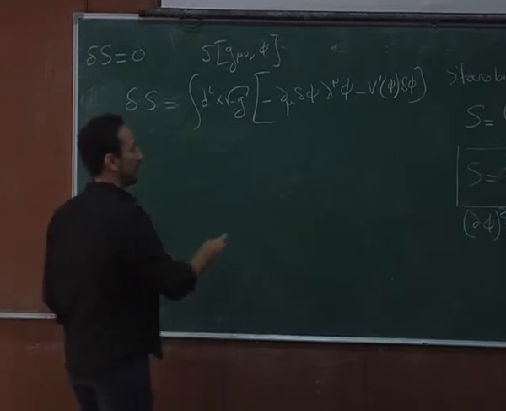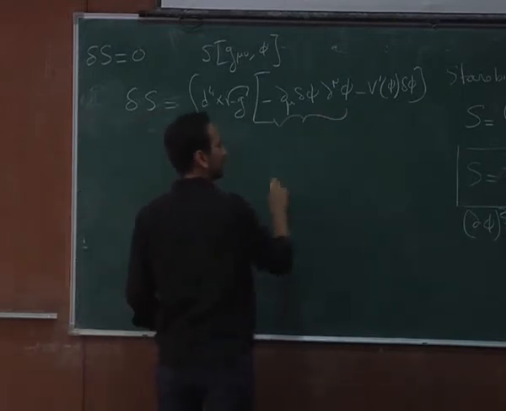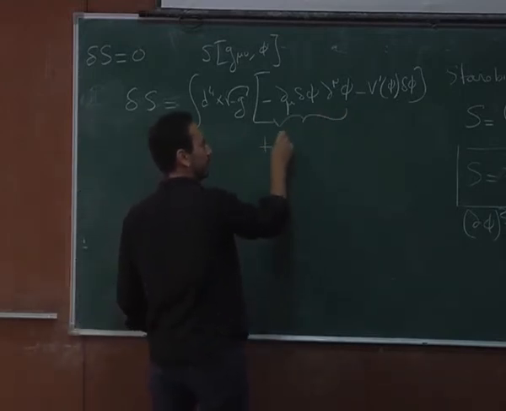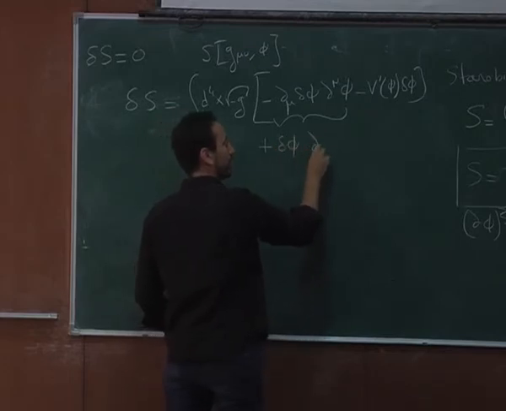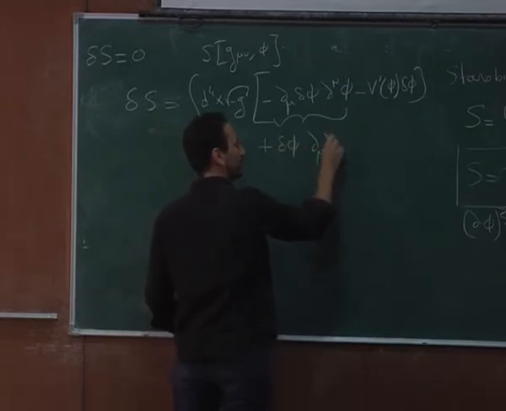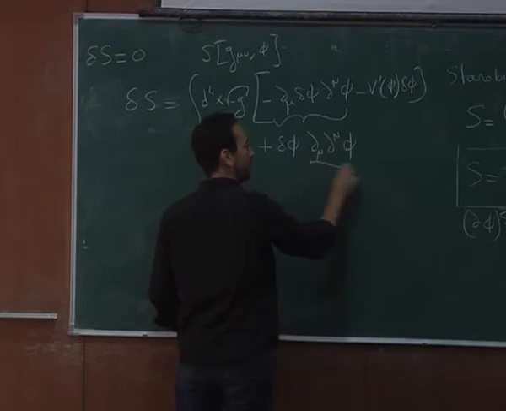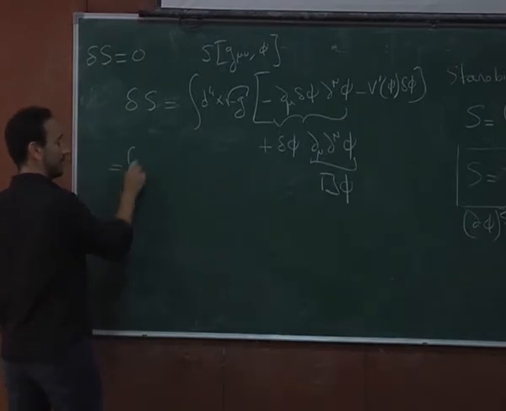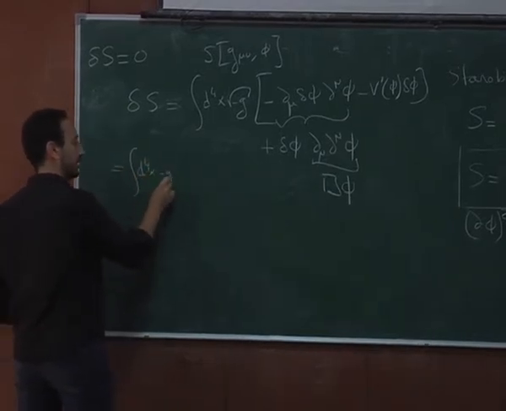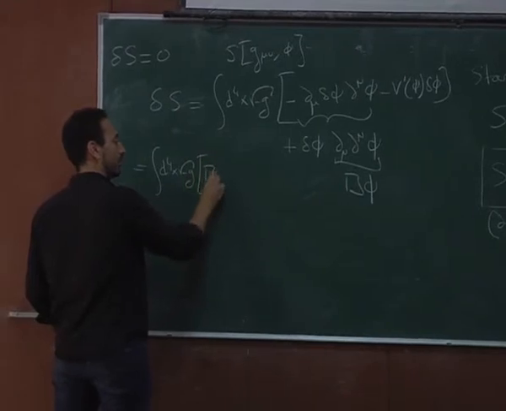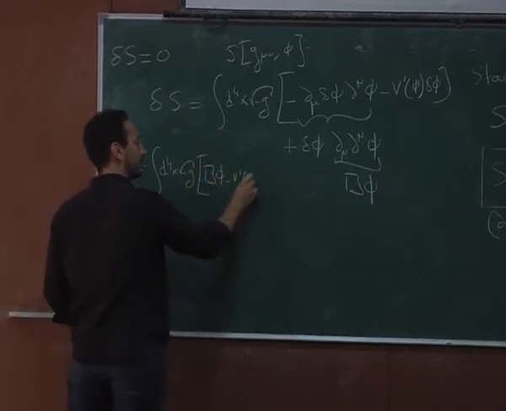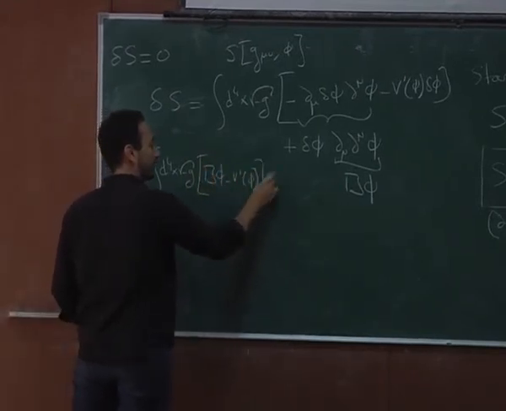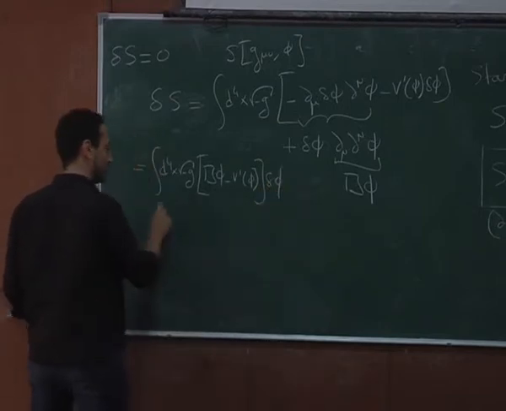Okay, so here I can do some integration by parts, so it will be plus δφ ∂_μ∂^μ φ, which I will write as □φ. So what we get is that the integral of minus square root of g (□φ minus V'(φ)) δφ equal to 0.